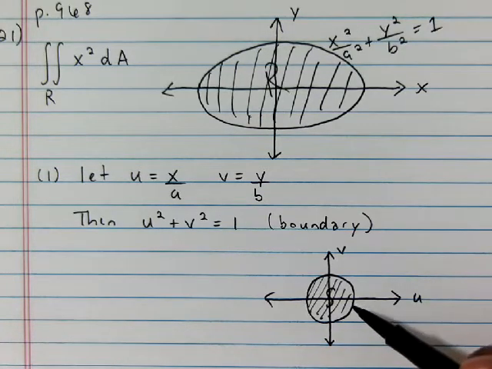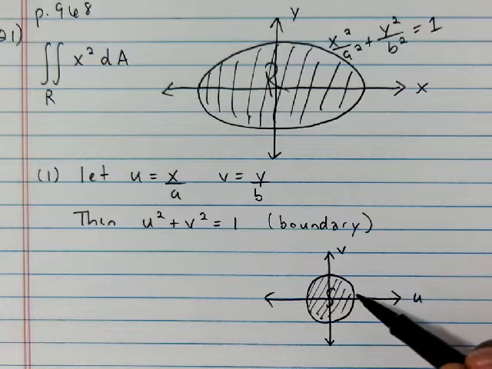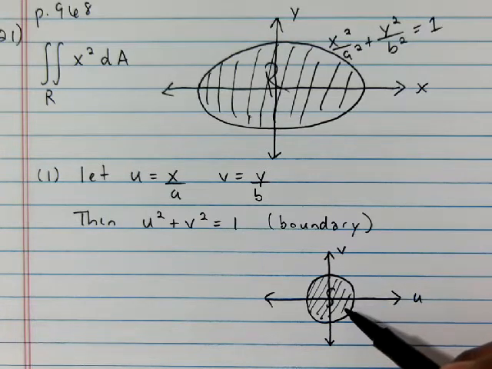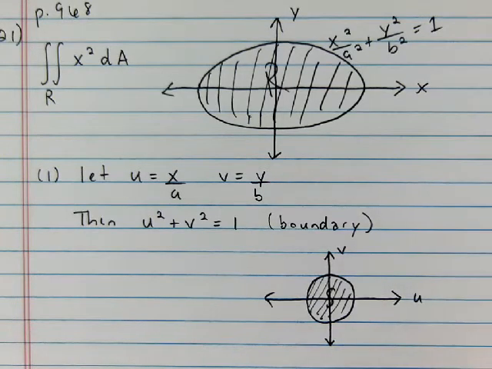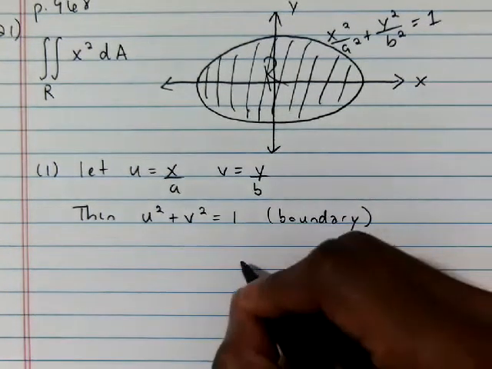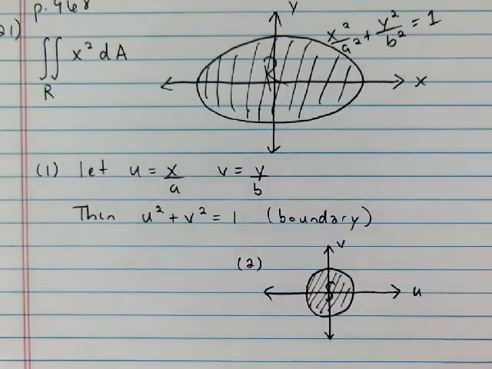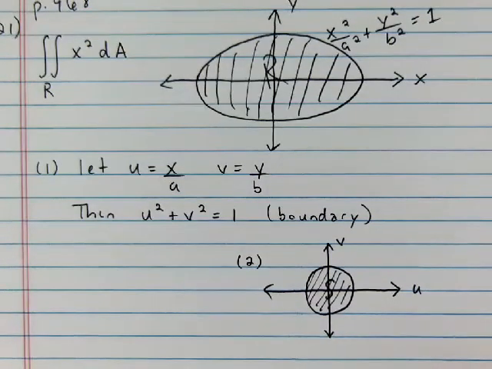So we could treat this as a type 1 region. But before we dive into that, let's do the remaining steps of the problem, and then we'll go from there. So this was step 2. We don't have our bounds for u and v yet, but we're not too concerned about that because we know how to set up bounds for a circle centered at the origin.